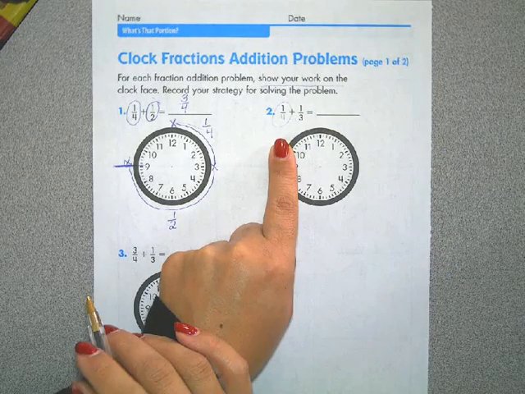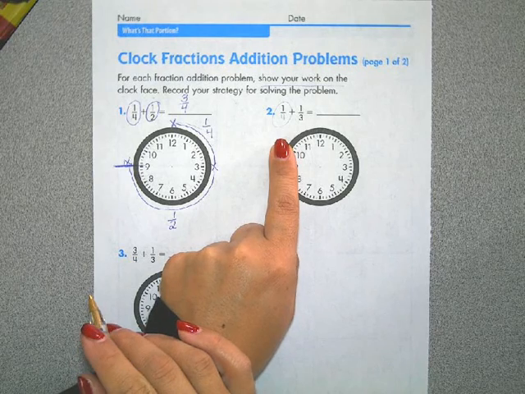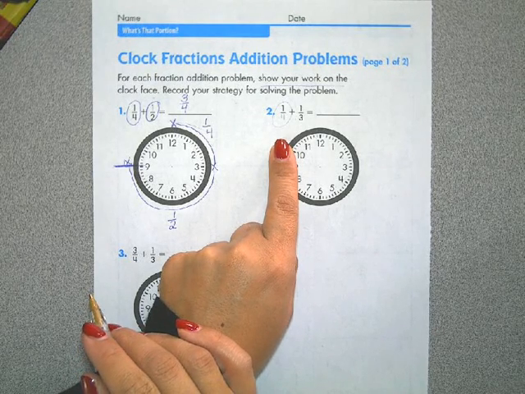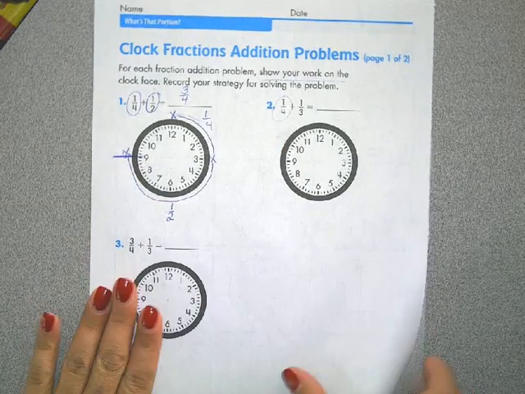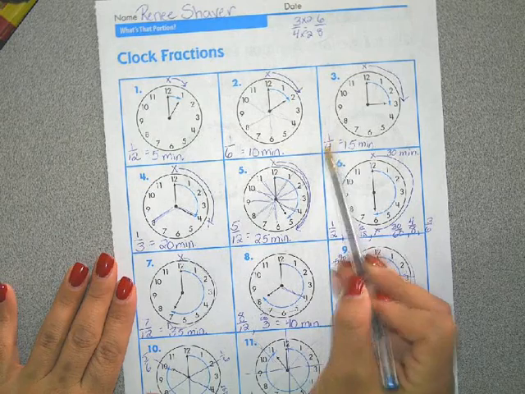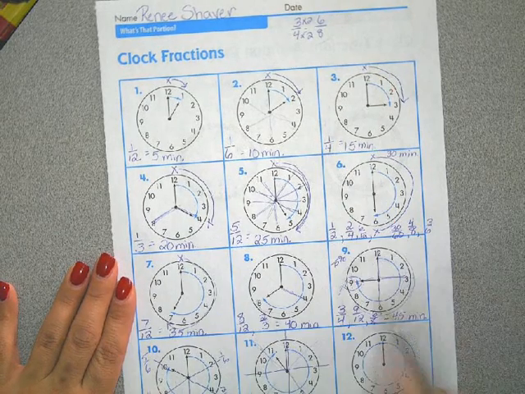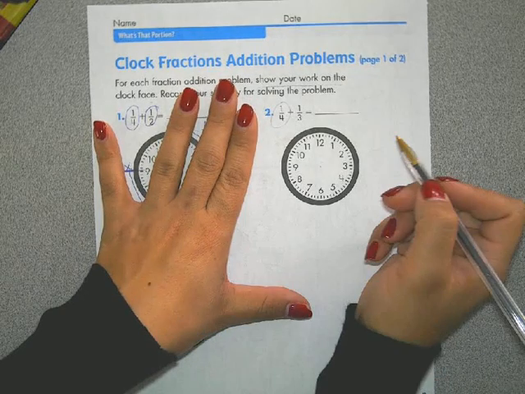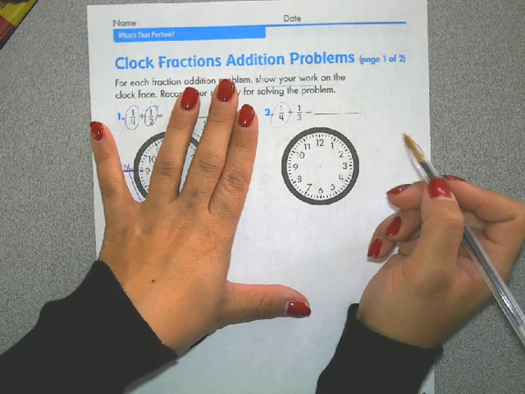Alright, for number 2. Now we're starting with 1/4. So on your clock, draw 1/4. Yeah, you might want to look back. We labeled 1/4 over here, 15 minutes.